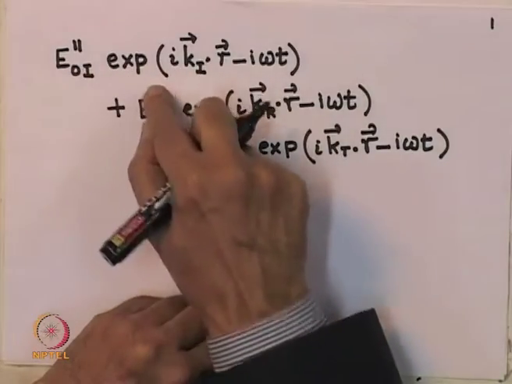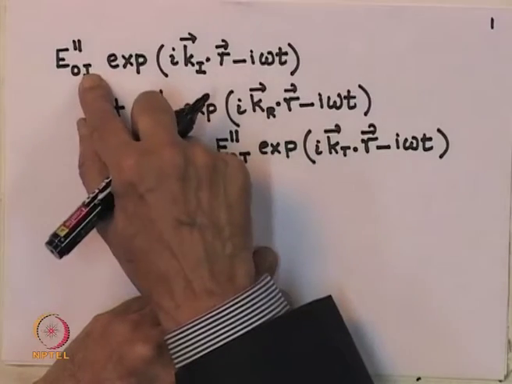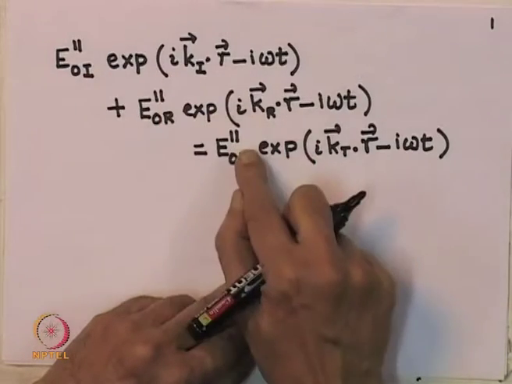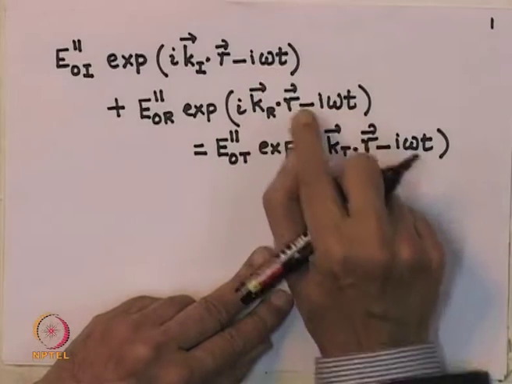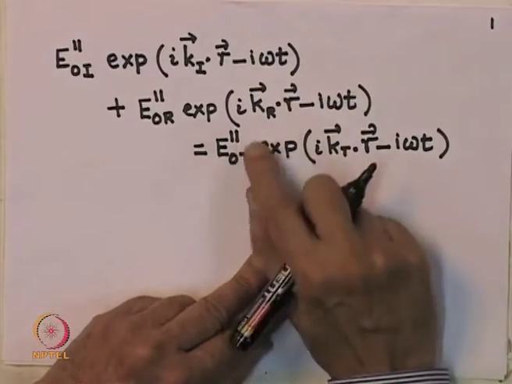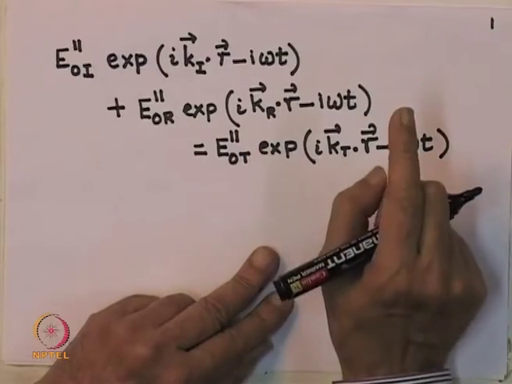We will look at what the other relations should be between E 0 I parallel, E 0 r parallel and E 0 t parallel, but unless the exponential factors are the same, I cannot have such an equation satisfied at all times. So, let us write down.